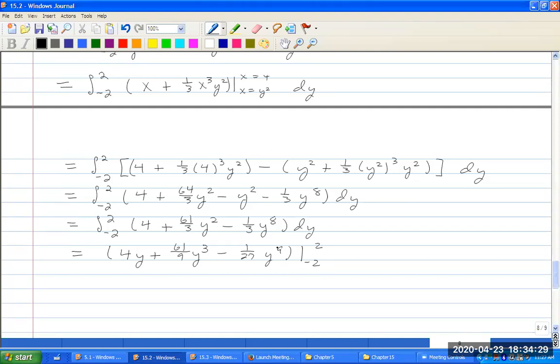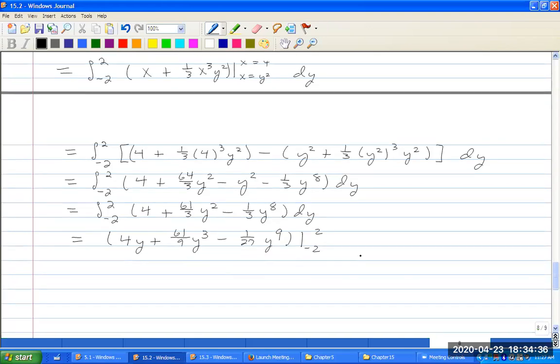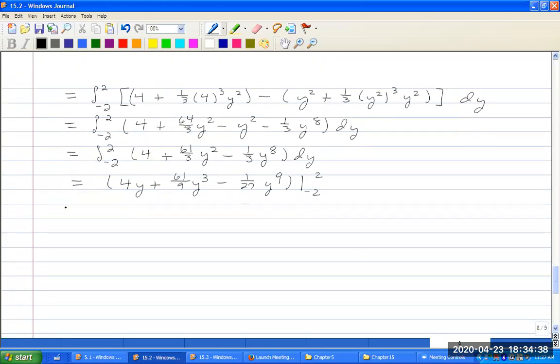Oh, and that's odd, so that's good. So I get that this is equal to 4 times 2, 8, plus 61 over 9 times 8. So 61 times 8 is 488 over 9. Oh boy, 2 to the 9th is 512, right?